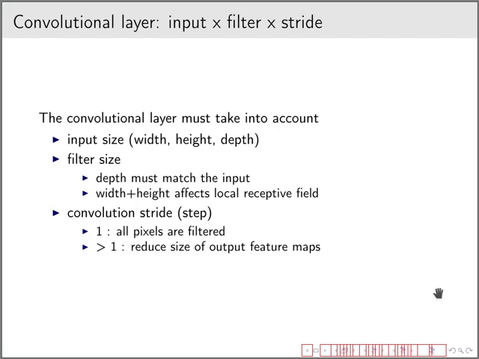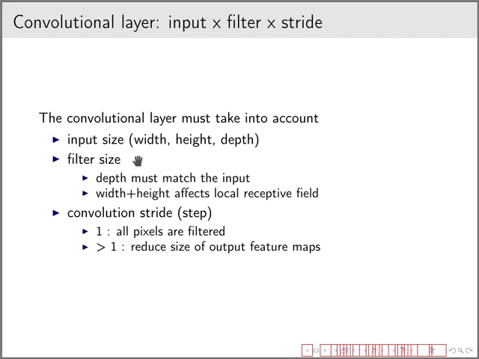When I design a convolutional layer, I must take into account 3 parameters. The first is the input size, which is the size of the image or the feature map that the layer receives. This is fixed, defined by the output of the previous layer or the input image.